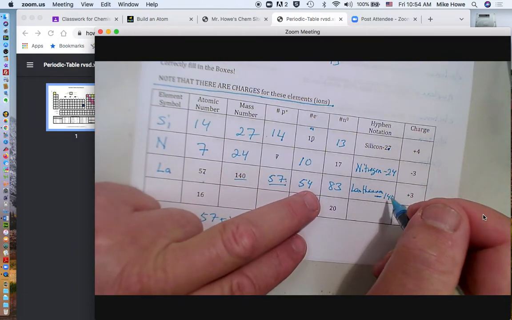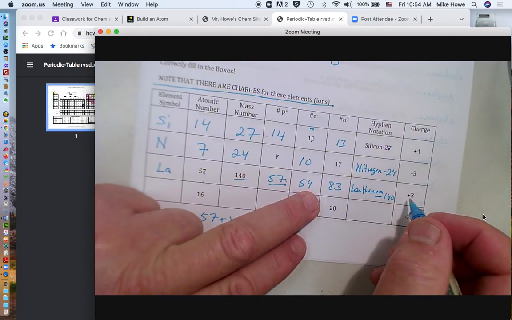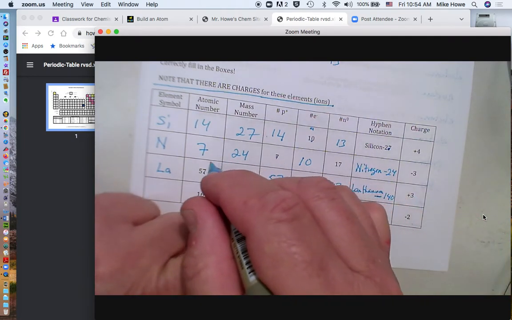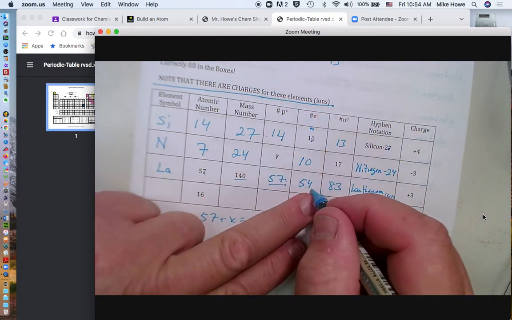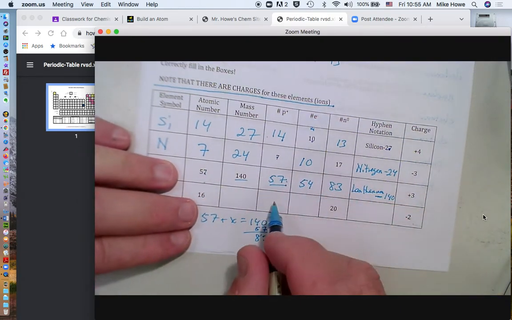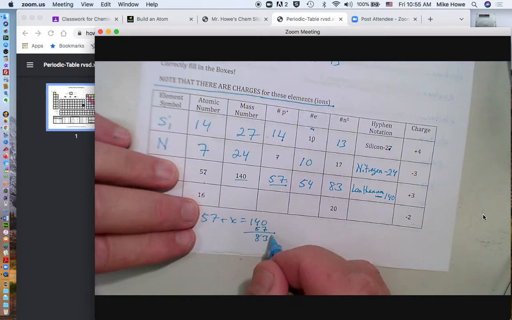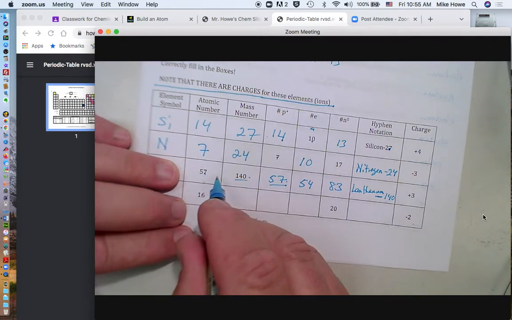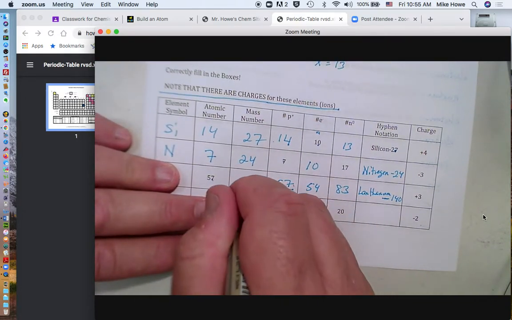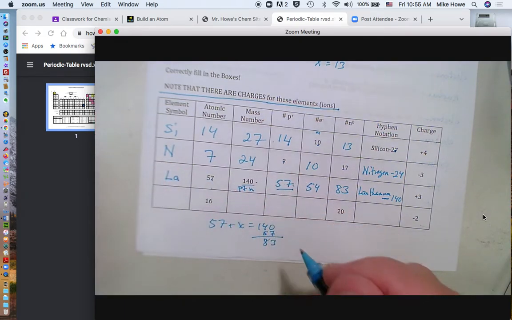The electrons are going to be 54 because there's a plus 3 charge, so you've lost 3. You had 57, but now it's 54. And for the neutrons, you take the mass number minus the number of protons, because the mass number equals the protons and neutrons all together.